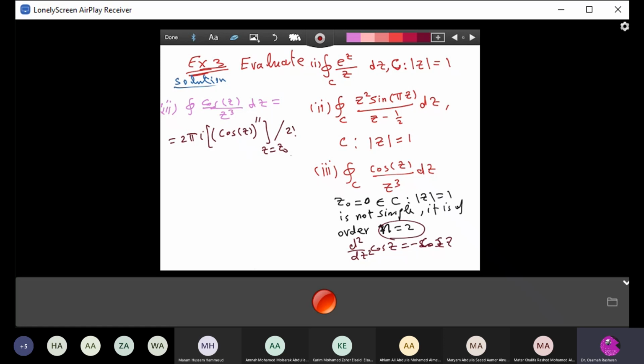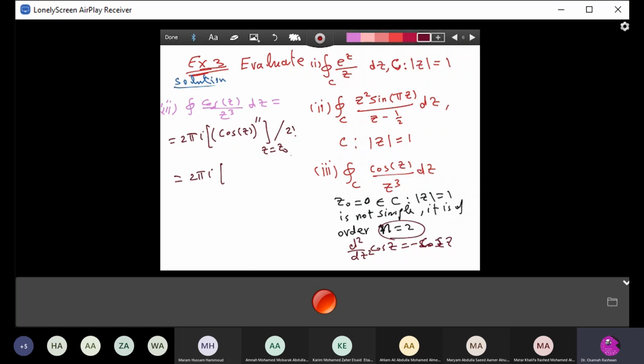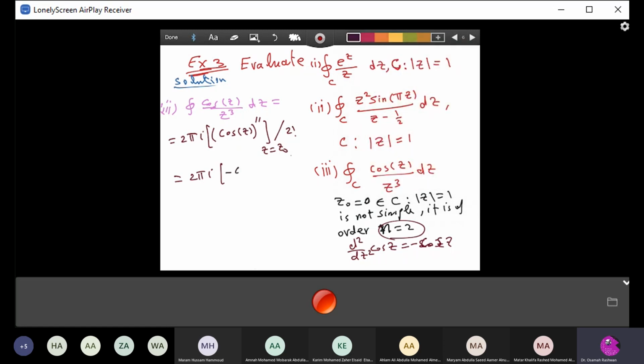Catch it? So I have 2 pi I, and the second derivative of this one is minus cosine Z, and I have to write Z equal to Z0, and Z0 is 0, over factorial 2, which is 2.